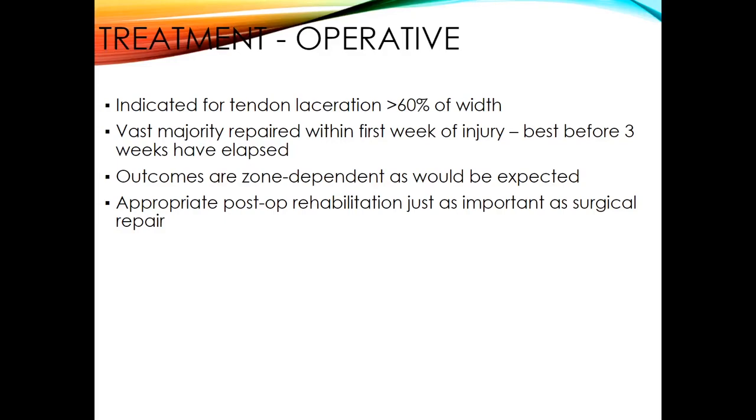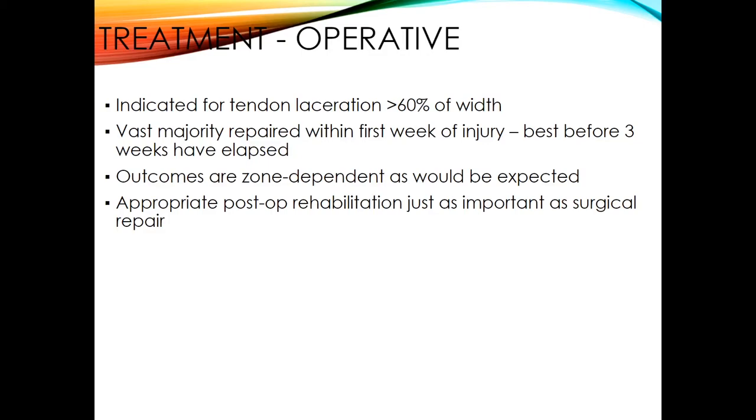And operative treatment is really indicated for any tendon laceration greater than 60% of the tendon width or that cross-sectional area. A lot of these are going to be fixed within the first week, and it's best done within 21 days. If you get more than 21 days, not only do you have breakdown of the collagen at the tendon ends, but you get so much muscle stiffness and shortening proximally that it can be really hard to get your excursion back to get a primary repair.